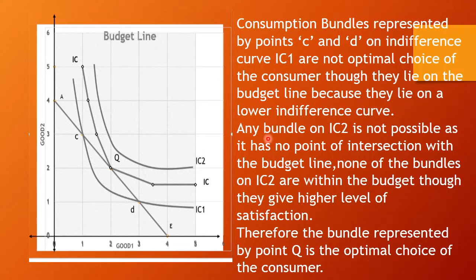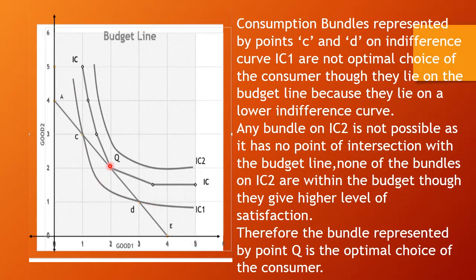Let us read this again. Any bundle on the IC2 is not possible as it has no point of intersection with the budget line. None of the bundles on IC2 are within the budget, though they give a higher level of satisfaction. Therefore, the bundle represented by point Q is the optimal choice of the consumer.